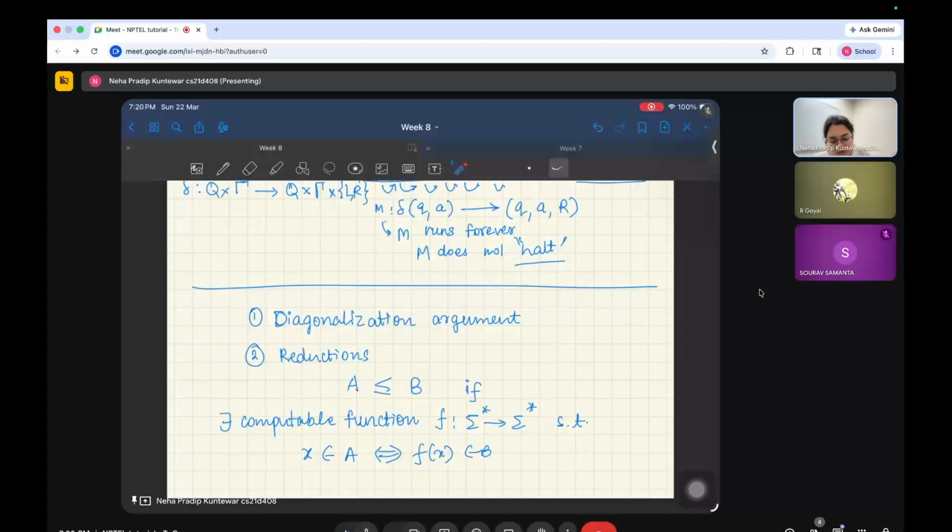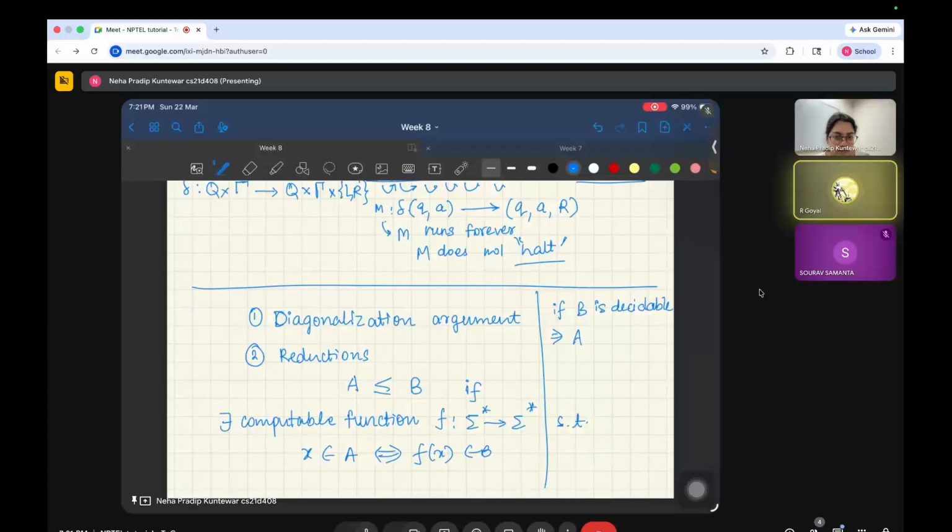So the idea of doing this is that if B is decidable, then what can we say about A? So if B is decidable, then B is at least as hard as the problem A is, and B could be harder than that. And since B itself is decidable, therefore A would also be decidable.